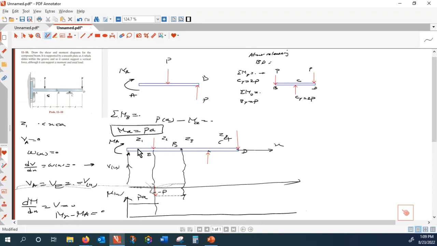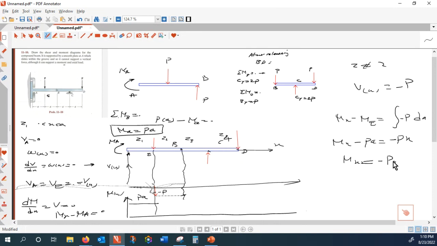All right, now that I know in the second zone, it's zone number 2, V of x is equal to minus P. So therefore, M of x minus M of E is equal to the integral of minus P dx. And that is M of x minus PA is equal to minus Px. And then M of x in the second zone is equal to minus P x plus PA.